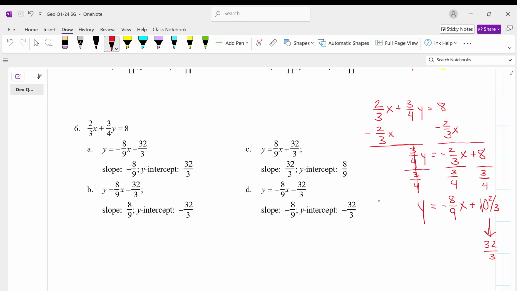So either way. We've got a -8/9 as a slope, so C doesn't work and B doesn't work. We've got positive 32/3 as a y-intercept, so D doesn't work. And A is our equation.